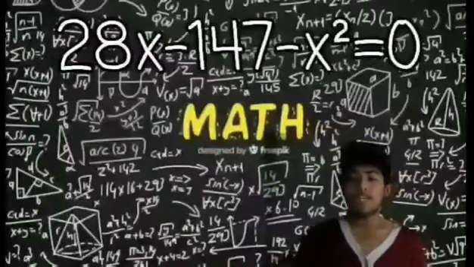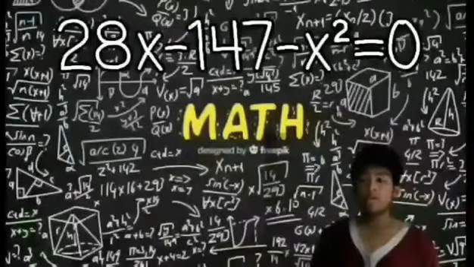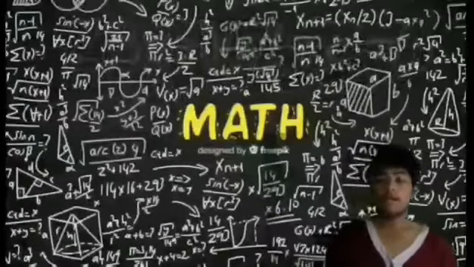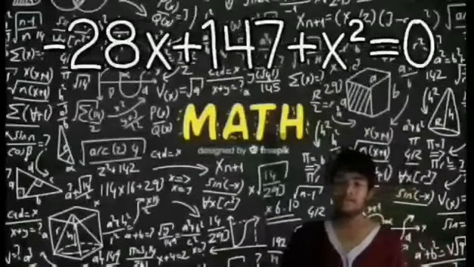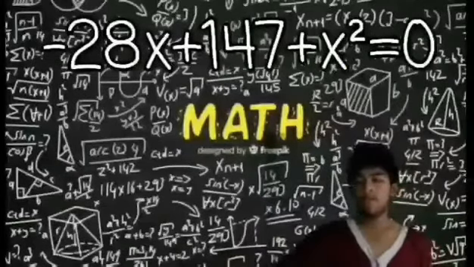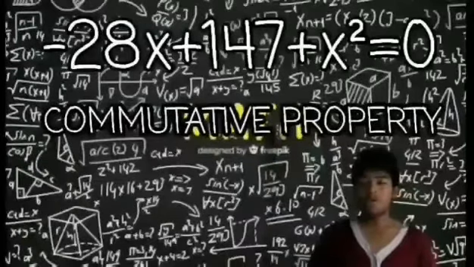Then change the signs on both sides of the equation. So we change it from 28x minus 147 minus x squared is equal to 0. It will become minus 28x plus 147 plus x squared is equal to 0. Then use the commutative property to reorder the terms.